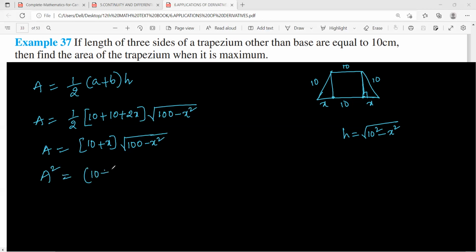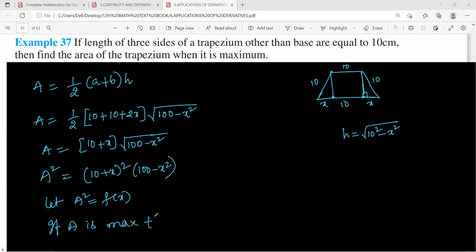That is (10 plus x) whole square into (100 minus x squared). So now let A square equal f of x. If A is maximum, then A square is also maximum. That is the principle we are using.